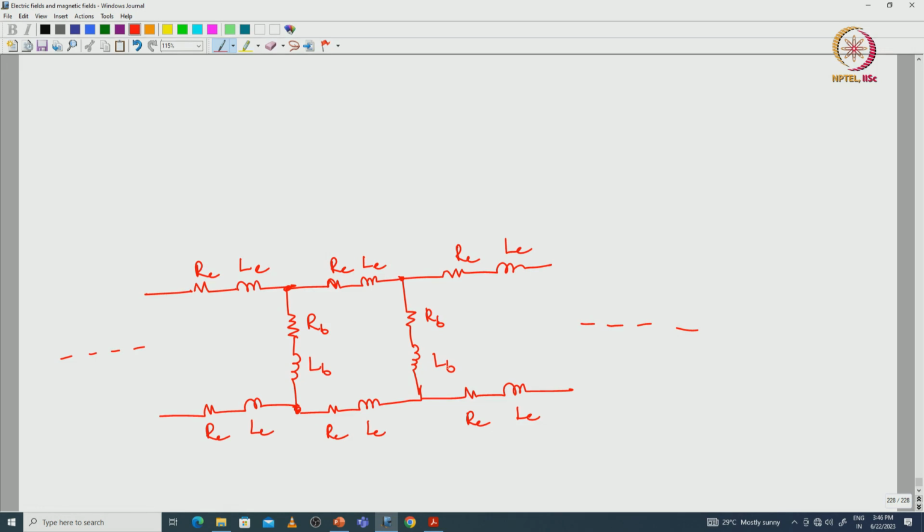Current flowing through branch 1, let us consider, is IB1, and branch 2 is IB2, and the current flowing here is IE1 in the end ring. In this branch also IE1, and this is IE0.